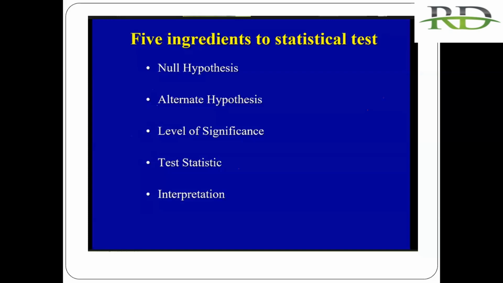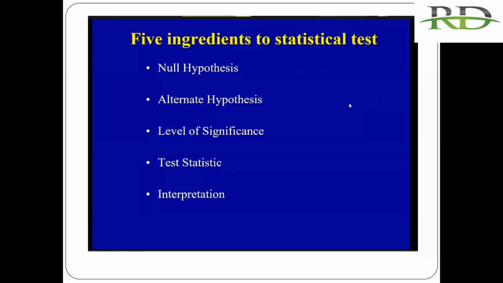So there is no difference between the value, that is 150 centimeter, and what we are going to test. So it means the average height of a Delhi girl is exactly 150 centimeter. There is no difference, right? So the null hypothesis is always created with the statement that there is no difference between the available information and what is going to be tested, right? So this is also called the hypothesis of no difference.